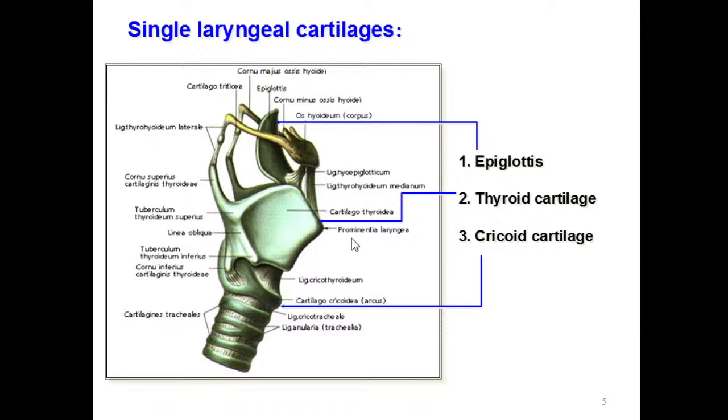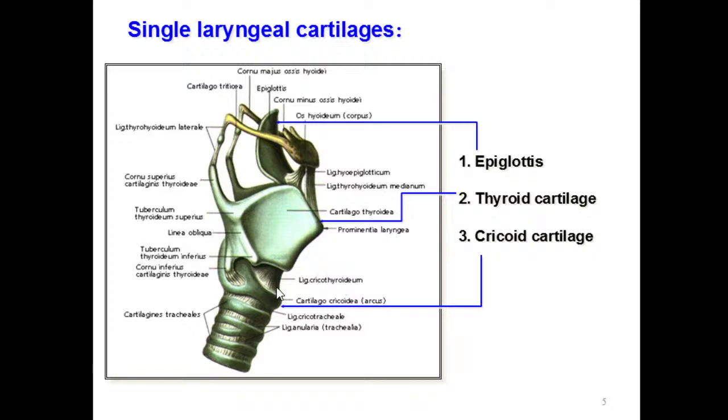On this picture, you can see the localization of the single laryngeal cartilages: epiglottis, thyroid cartilage, and cricoid cartilage. Between the thyroid and cricoid cartilage, there is a very important membrane or ligament, the cricothyroid ligament or conic membrane.